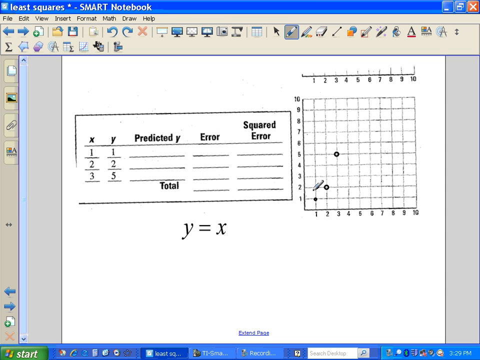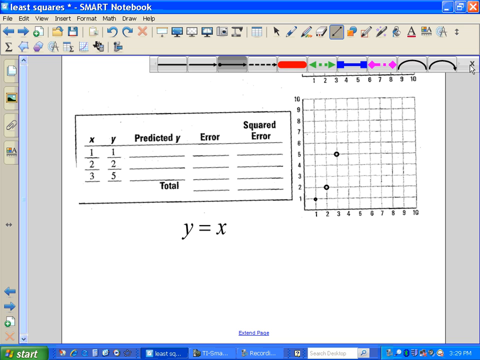Here we have 3 pieces of data. Again, almost linear, a strong positive relationship here. Here are the actual data points. We could probably represent this with a line, and in fact, we're going to represent it with the line y equals x.